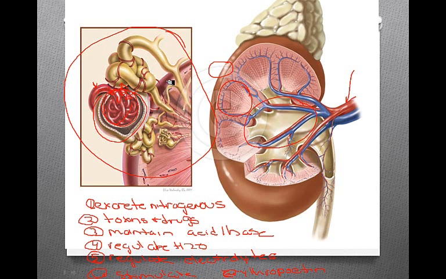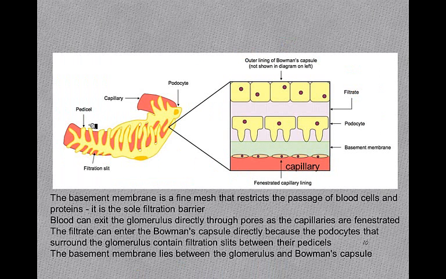So let's talk a little bit more about how this all works. So we have here, this is your capillary of your glomerulus, and lining your capillary right outside it, you have these fenestrated cells.